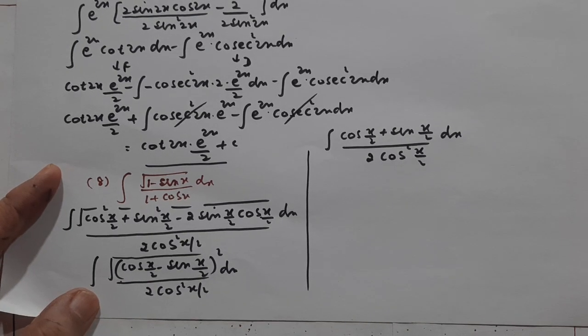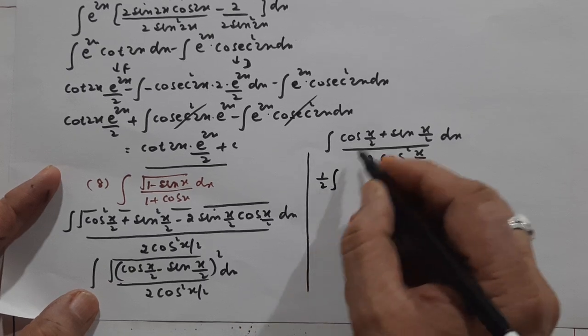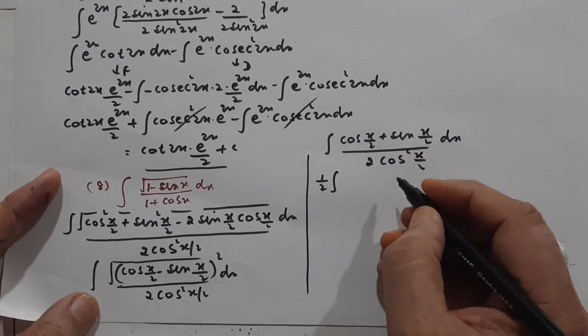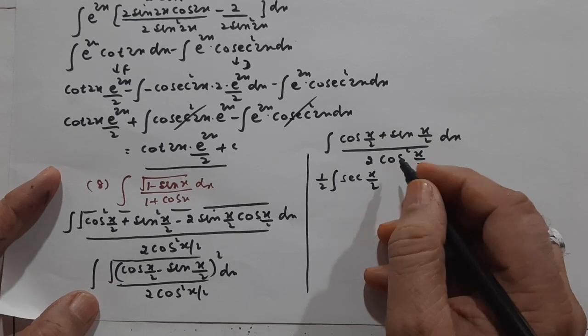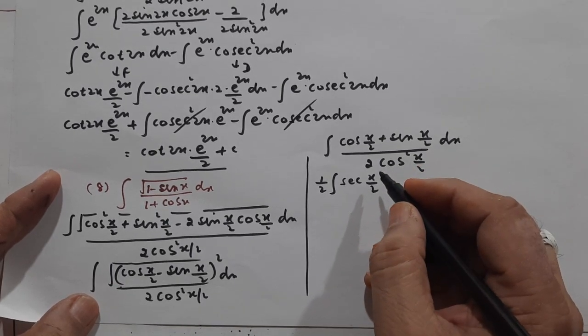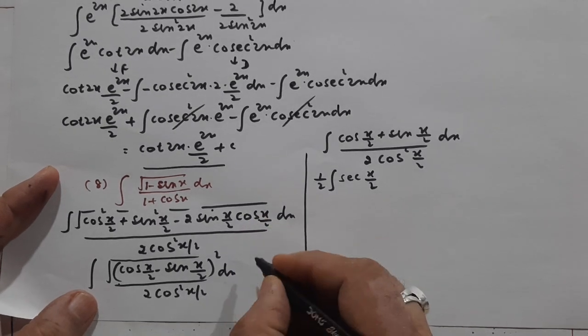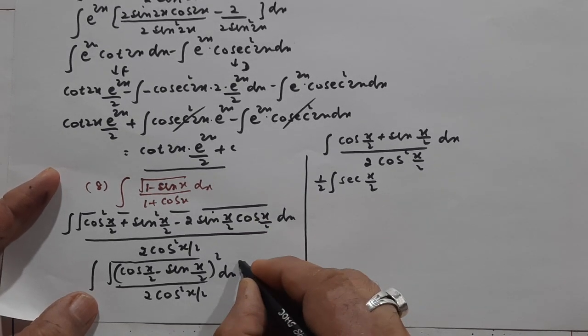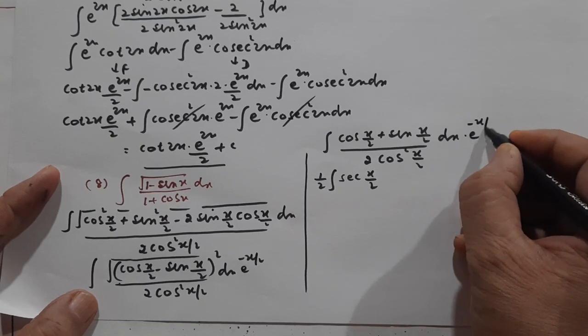So on separating the terms now, we get 1 upon 2, cos x by 2 upon cos square x by 2. We get secant x by 2, with e power minus x by 2.